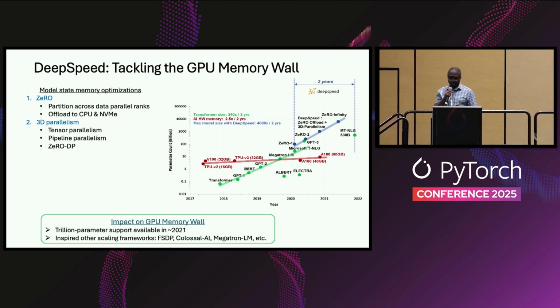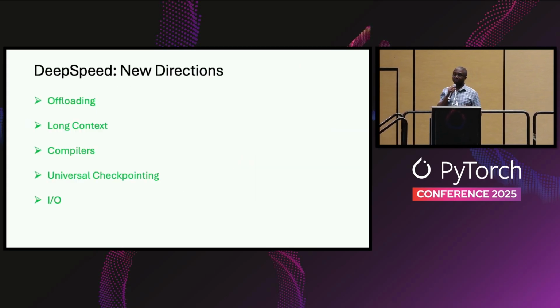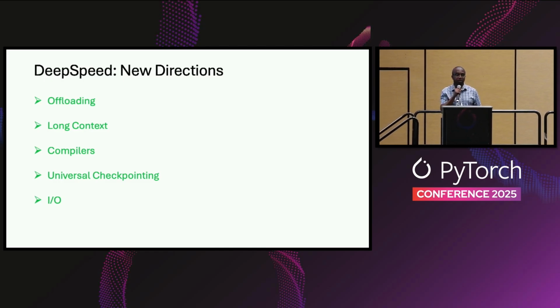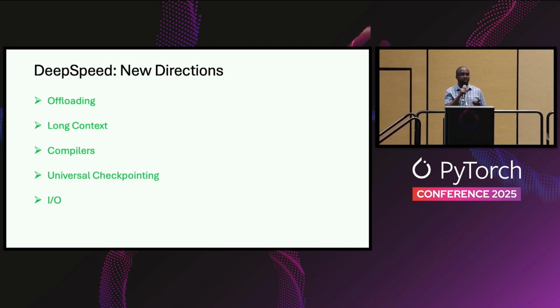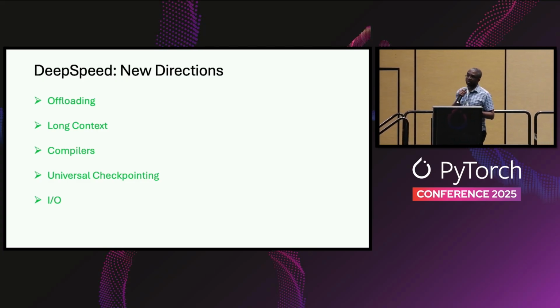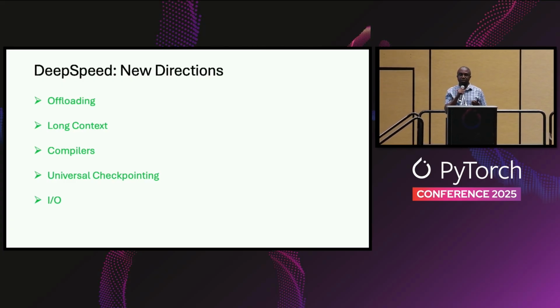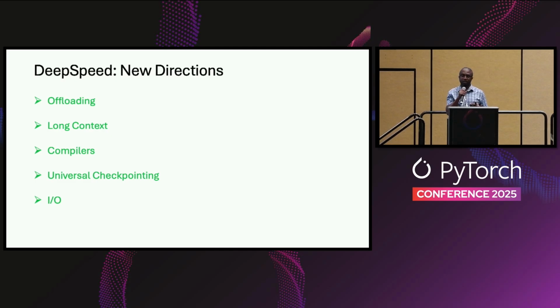Going forward, the new things that we're looking at in DeepSpeed now, there are other scalability challenges, and I'm going to talk about a few of them today. But broadly, the ones we're looking at today fall into offloading. So this is an important democratization technique because this allows us to reduce the GPU budget by basically utilizing CPU and NVMe, right?